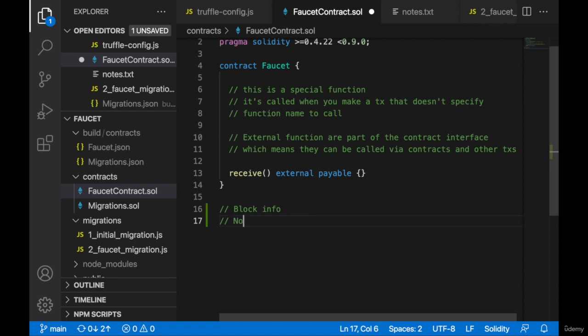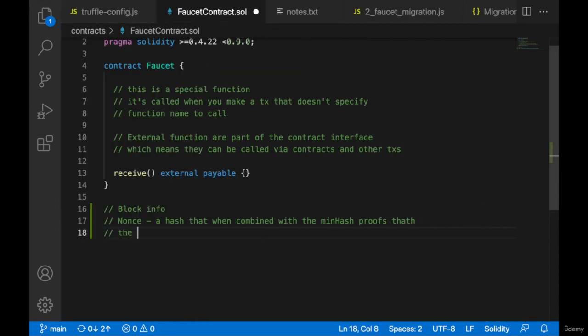Let's write nonce: a hash that, when combined with the mix hash, proves that the block has gone through proof of work. That's basically this nonce number, which has 8 bytes, equal to a 64-bit number. That's the 2 to the power of 64 you could see. So it's the number that, combined with the mix hash, proves that the block has gone through proof of work.